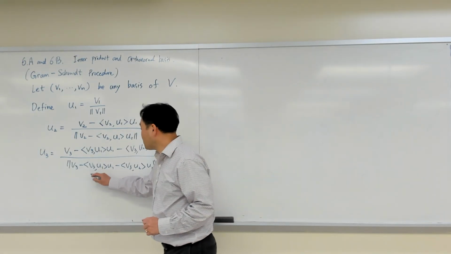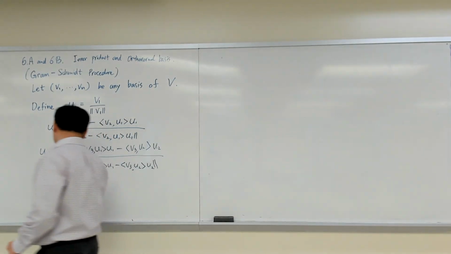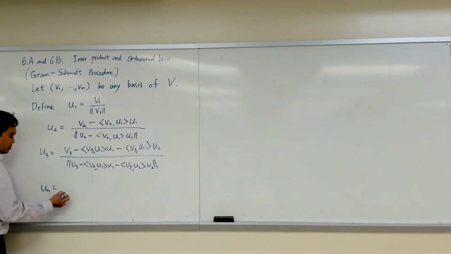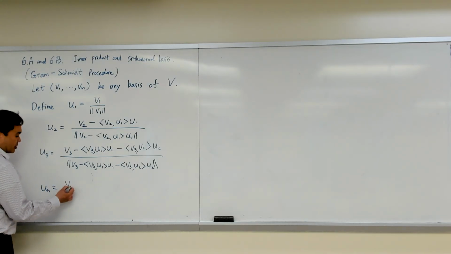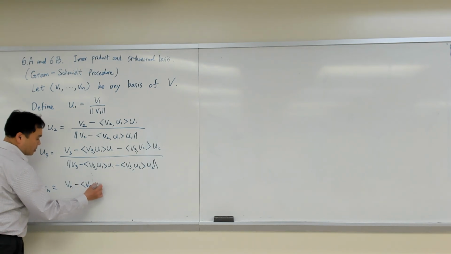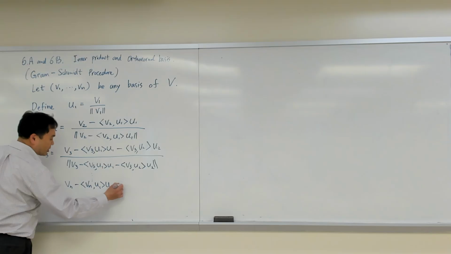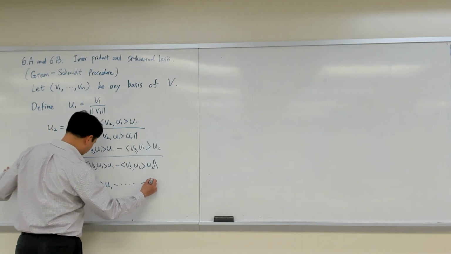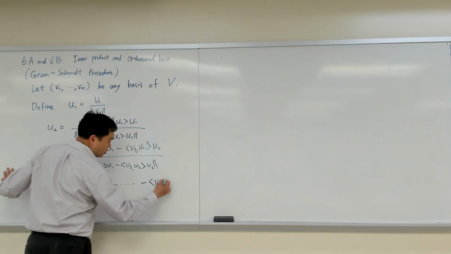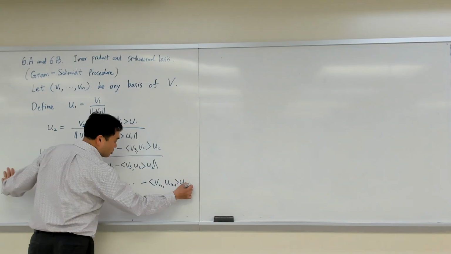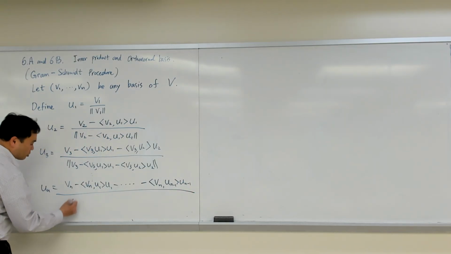So you just keep going. In general, un is going to be taking away from vn the component of vn along u1, minus and so on, all the way up to minus the component of vn along un minus 1, divided by the norm of the whole thing.